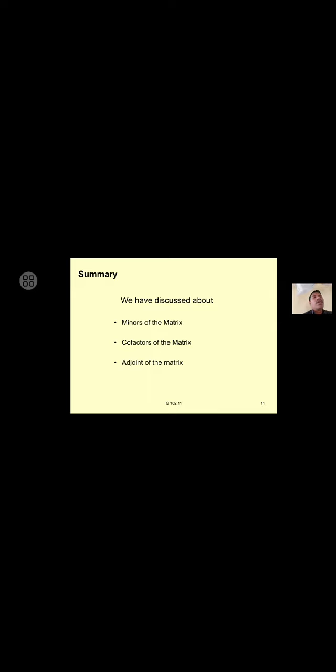Next, cofactors of the matrix. If we understand the minor, then cofactor is very easy, because sign into minor is called cofactor of an element.